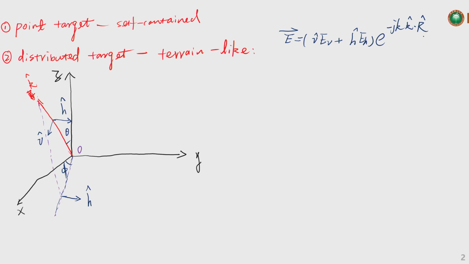R is the distance between the radar system and the target, and here we just choose the unit vector.